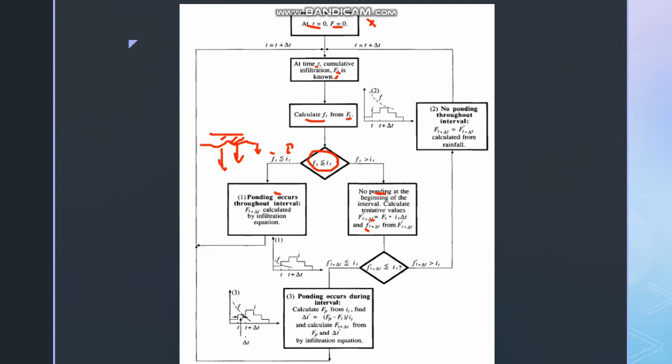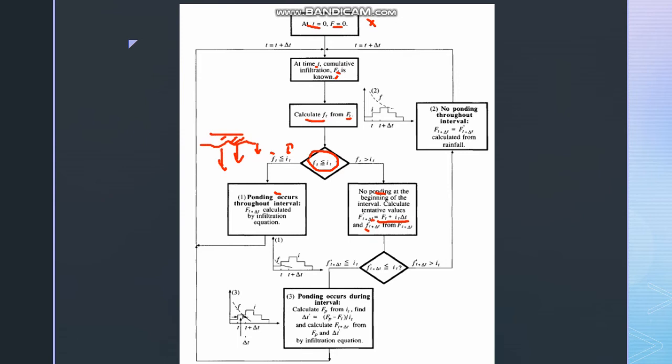As you see here, the infiltration rate is I multiplied by delta T, because I is smaller than F, so we can directly multiply the rate of infiltration, IT, by delta T plus FT, which gives us the cumulative infiltration in the next iteration.